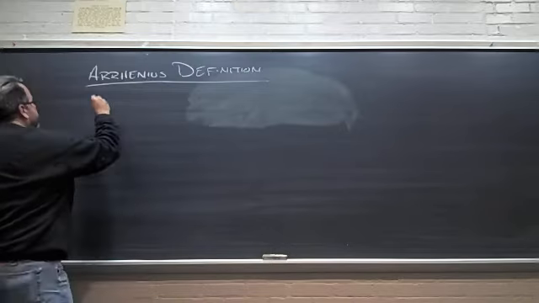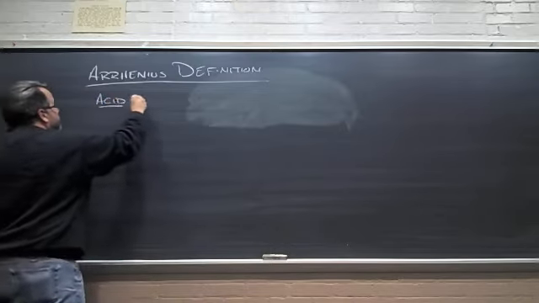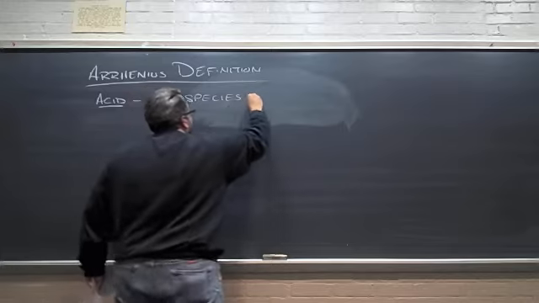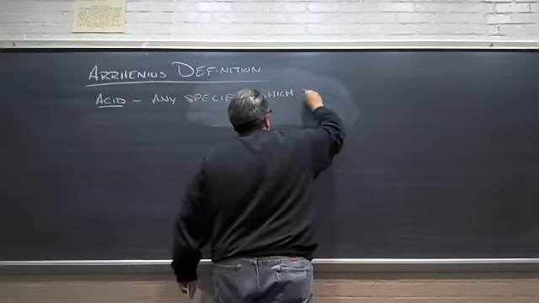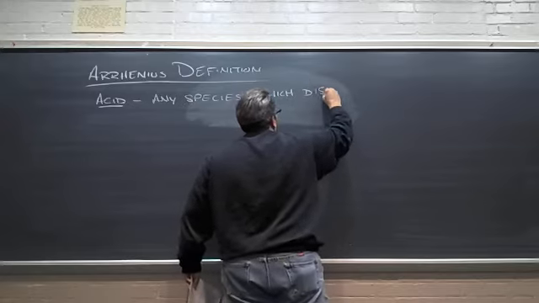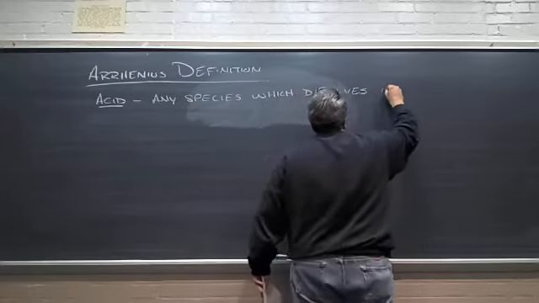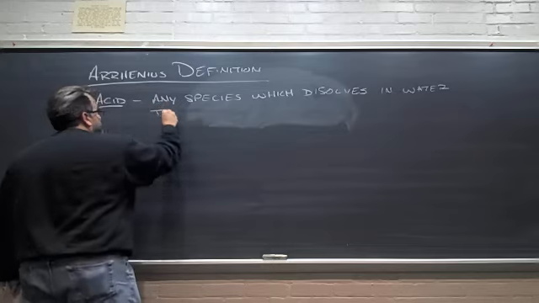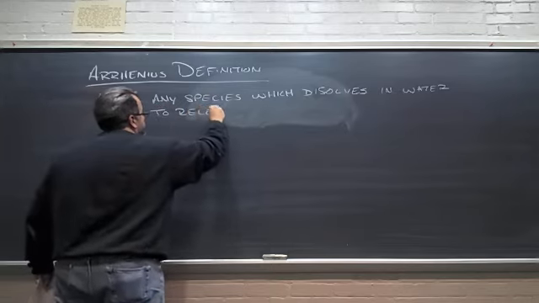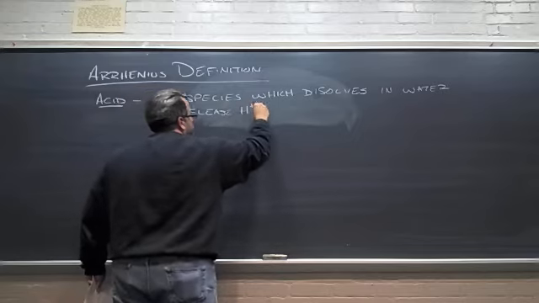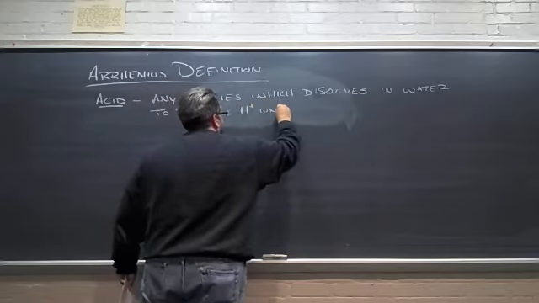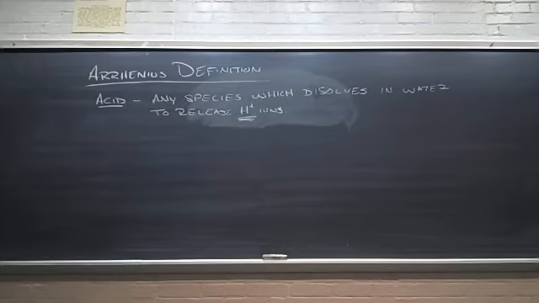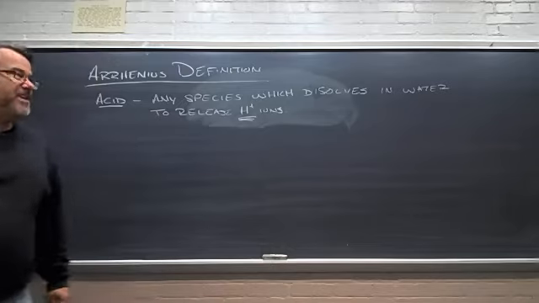And in the Arrhenius model, an acid is any species that dissolves in water to release H plus ions.